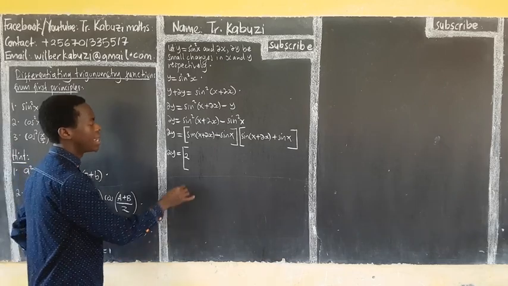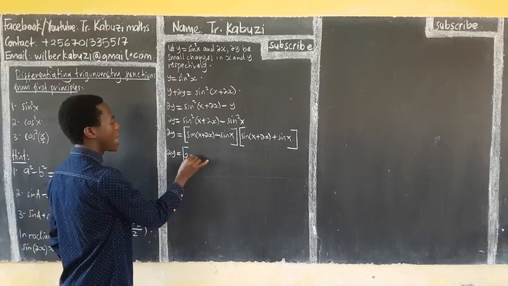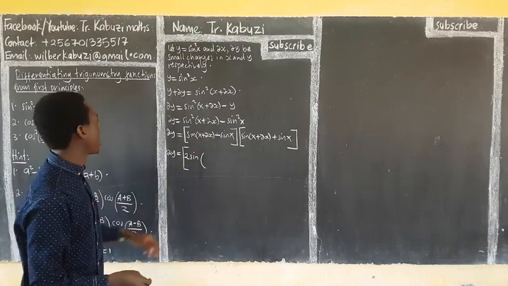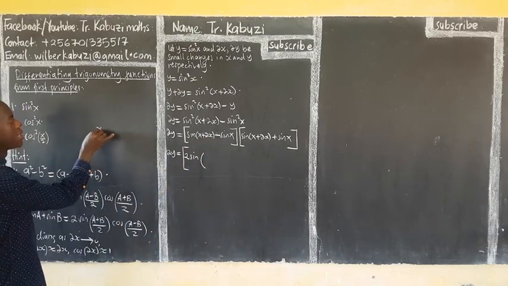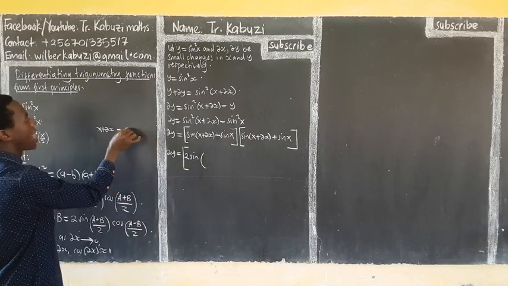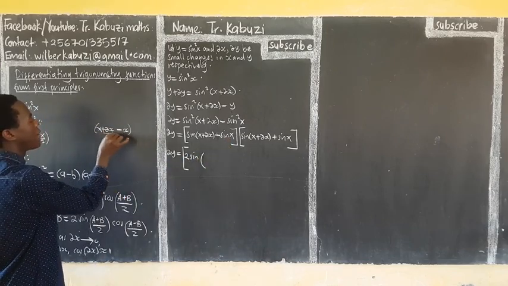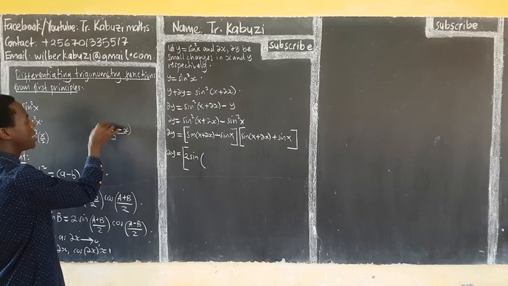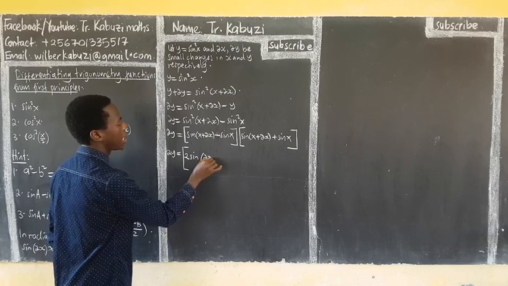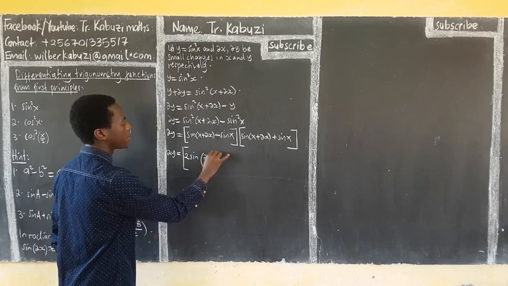So 2, then I subtract these two angles. So I have now sine. When I get x plus delta x minus this x, I subtract with the 2. Then I divide them by the 2. So this and this is going to cancel. I will remain with only delta x over 2.